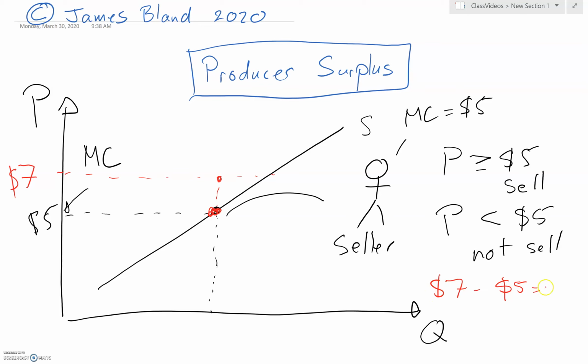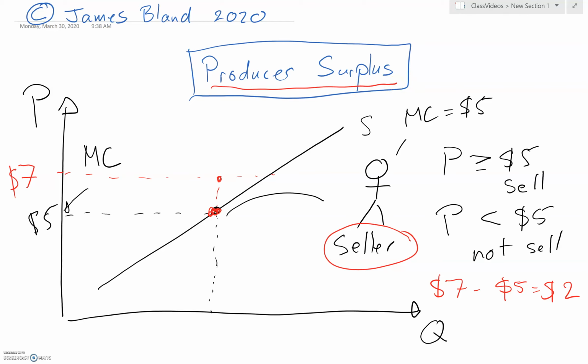Which means I am $2 better off than had I not sold that item. This is the benefit that this particular seller gets from selling that item. And we're going to work out how we can add this up for all of the sellers in the market to get at this thing called producer surplus.